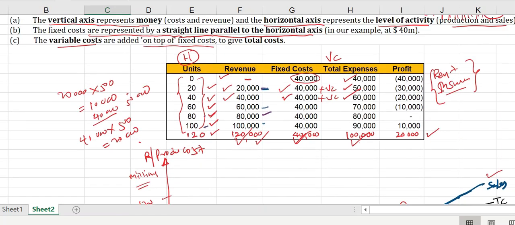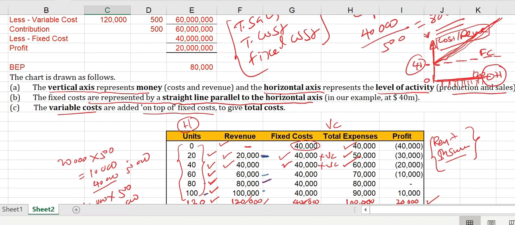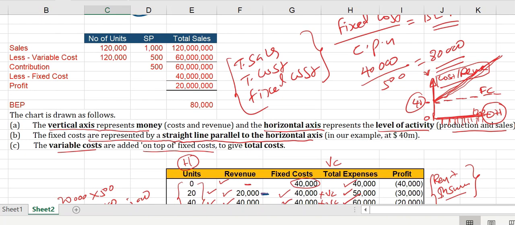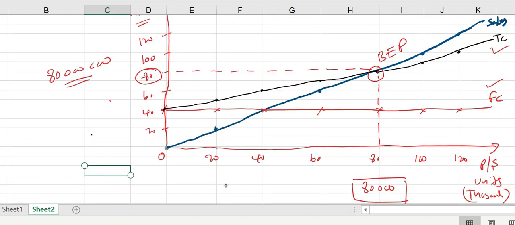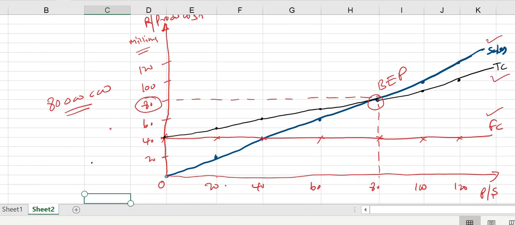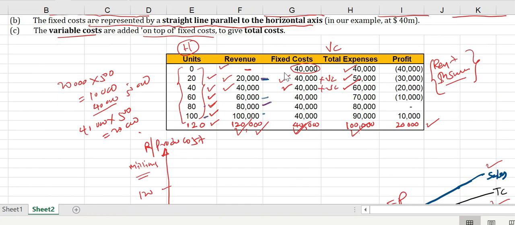As you can see, we calculated the break-even point by using the formula. We derived 80,000 units. Also we derived 80,000 units as break-even point through break-even chart. So this can be further explained through Excel.